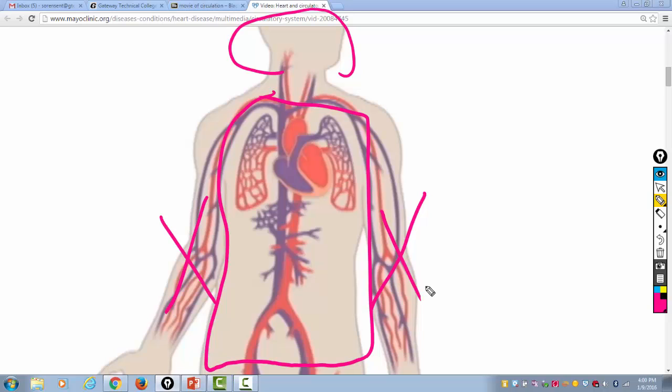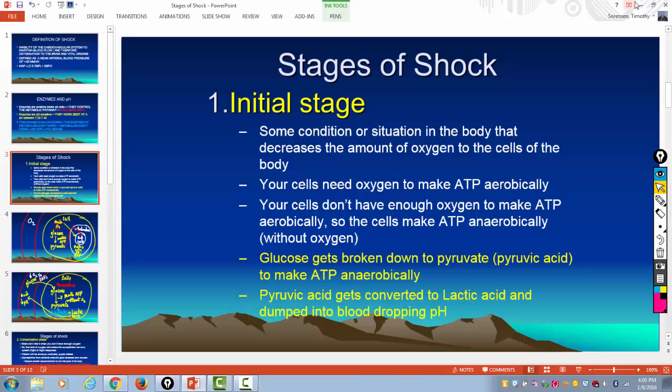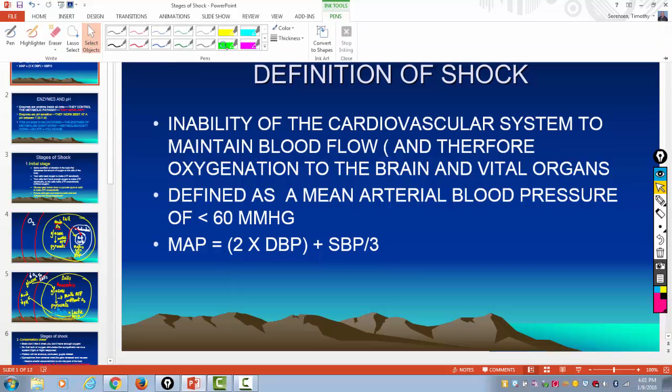So let's get into it a little bit. Let's look at this. I'm not going to read this to you because you can read, right? The definition of shock is the cardiovascular system cannot maintain blood flow to your brain and vital organs.